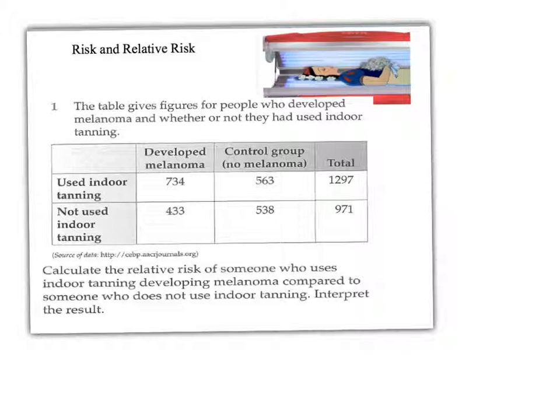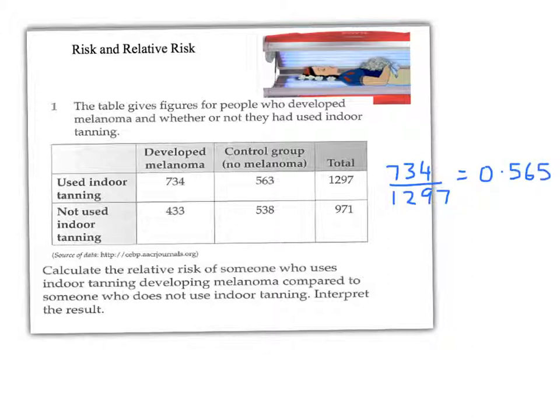So the first thing you do is calculate the risk for each group of getting melanoma. For the indoor tanners, 734 out of 1,297 developed melanoma. If you divide 734 by 1,297, it is 0.565.